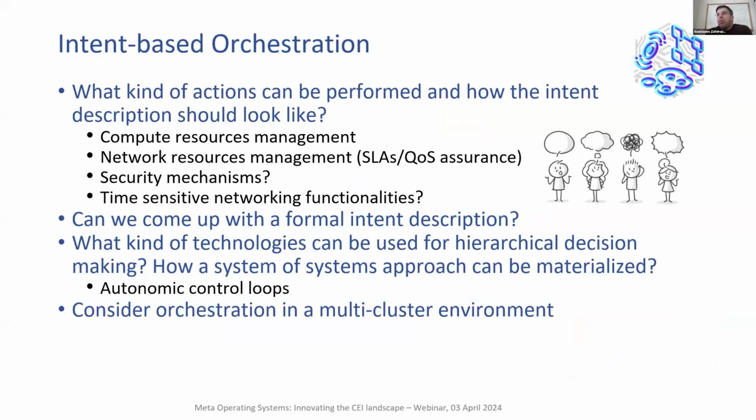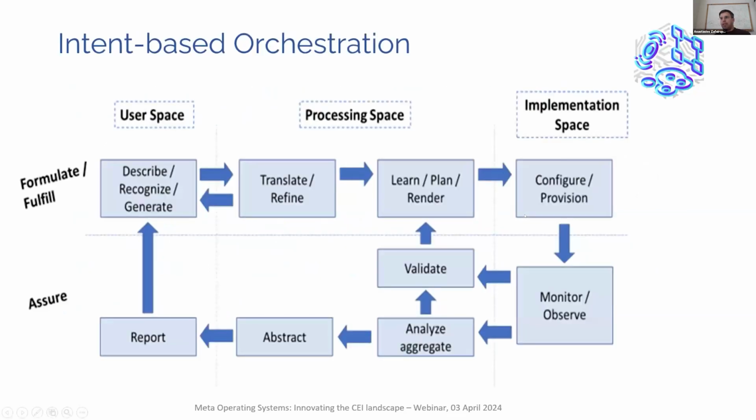So we try to work on the formal description of an intent, considering both compute and network resources, and how we can translate a high-level intent description to different policies that can be activated in the different levels of the approach that we have shown. So a lot of control loop work comes into play, considering always orchestration in a multi-cluster environment.